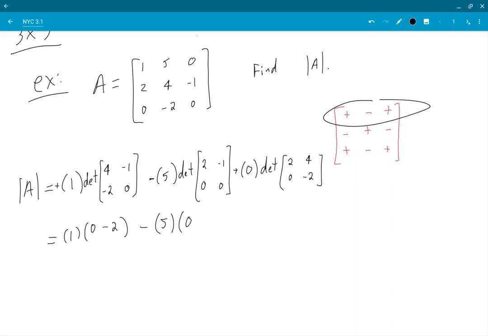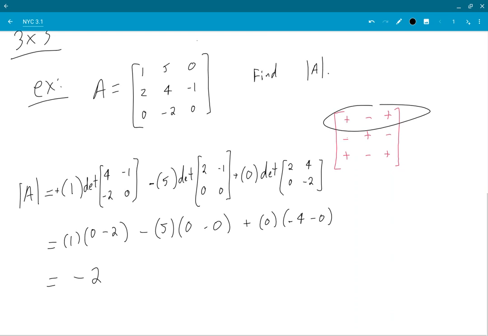And here I get 0 minus 0 plus 0 times -4 minus 0. So what happens? I get -2. Okay, pause and copy if you need to. I'll do another example.